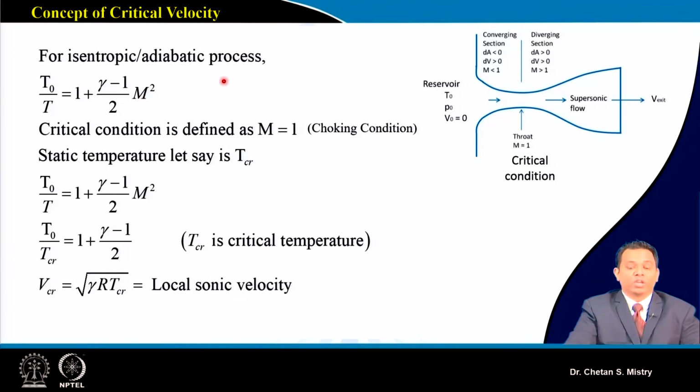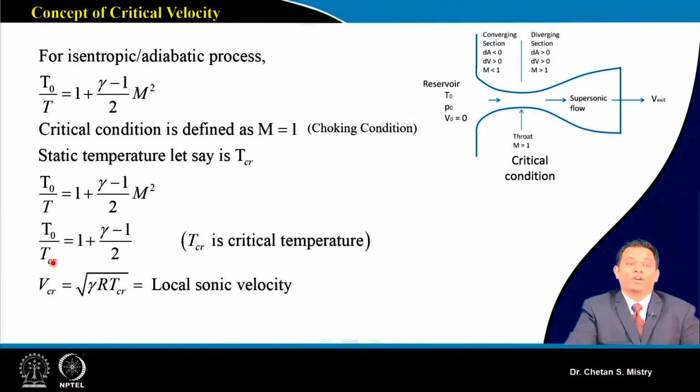The temperature we get I write as T critical. So putting M equal to 1, T0 by T critical equals 1 plus gamma minus 1 by 2. This T critical is nothing but my critical temperature.